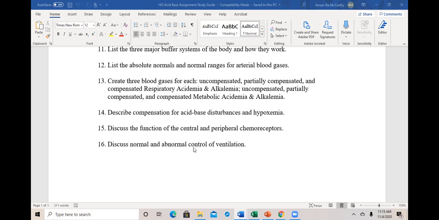And the central chemoreceptors detect an elevated level or a low level of carbon dioxide in the cerebral spinal fluid, which is the CSF. When it detects a high level, it will say, hey, you need to breathe. It reacts by making the body breathe.